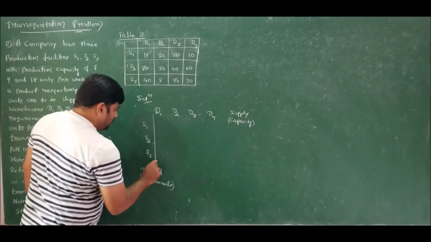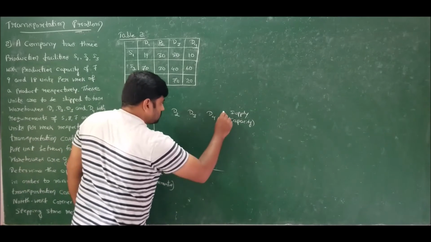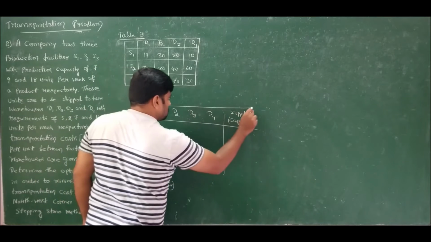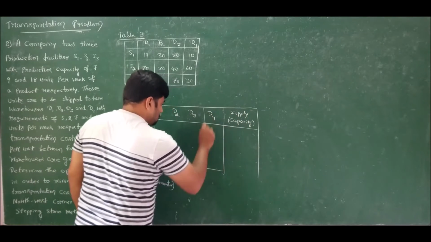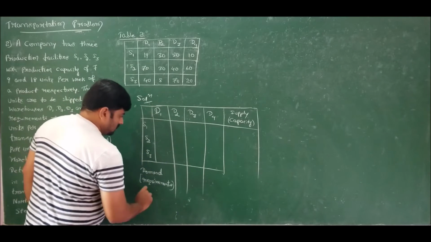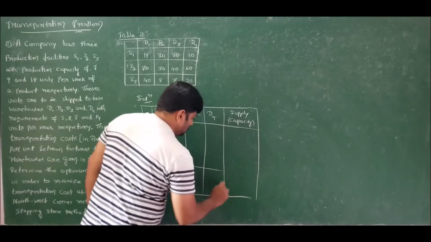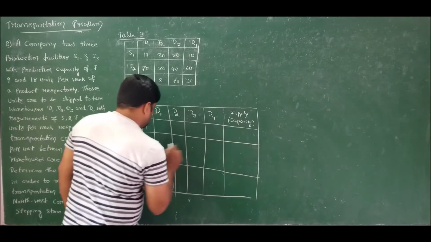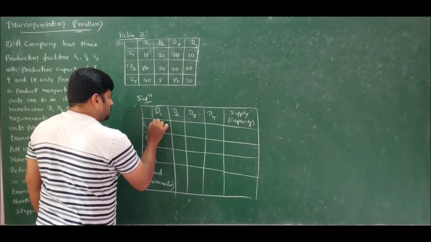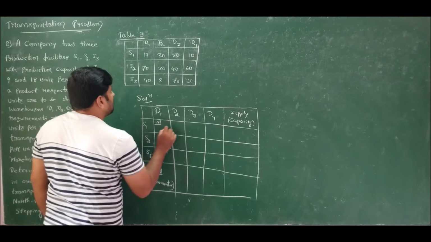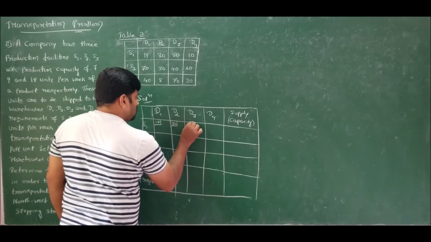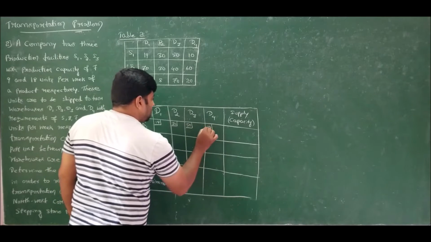Now let us fill the table. Let me copy down the transportation cost. Since we are using northwest corner rule, let me write the transportation cost at the northwest corner of each cell. We have 19, 30, 50 and 10.